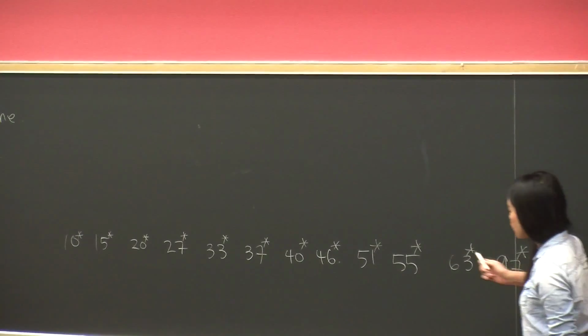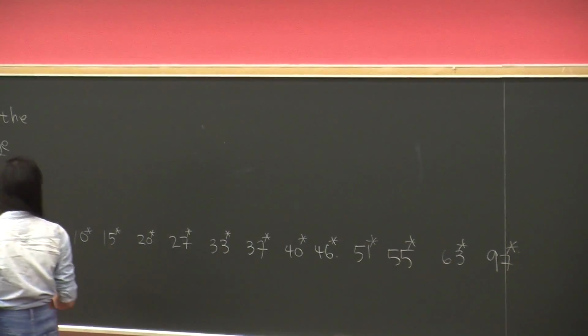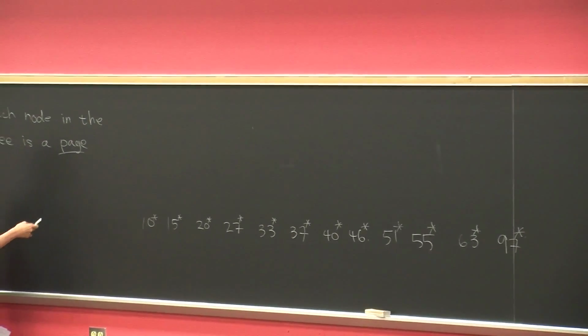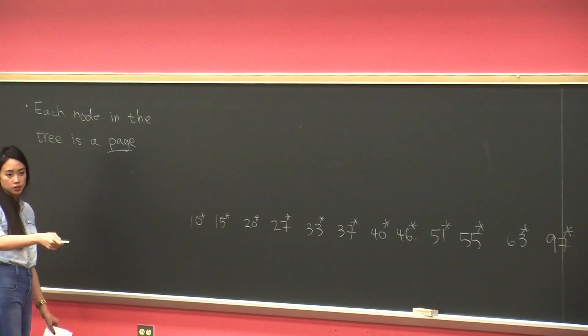Okay? So in this example, now we have all these data entries right here, and we sort them. Remember, the thing we're doing now is to build the tree, so it's the file creation part.